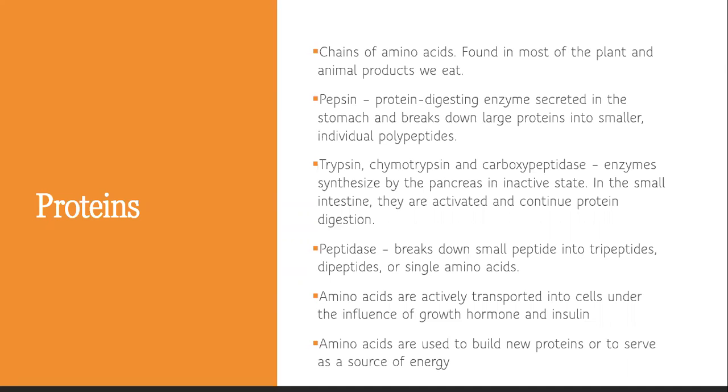In the small intestine, they are activated and continue the protein digestion. Then we also have peptidase that breaks down small peptides into tripeptides, dipeptides, or single amino acids. These amino acids are actively transported into cells under the influence of growth hormone and insulin, and are used to build new proteins or to serve as a source of energy.